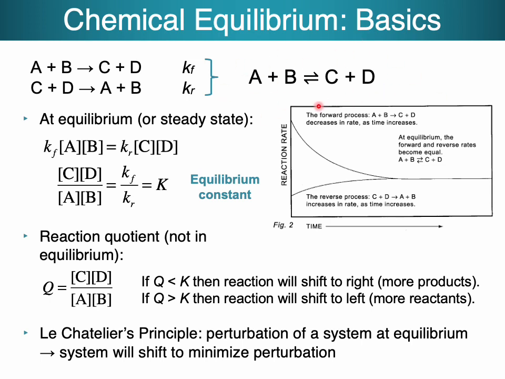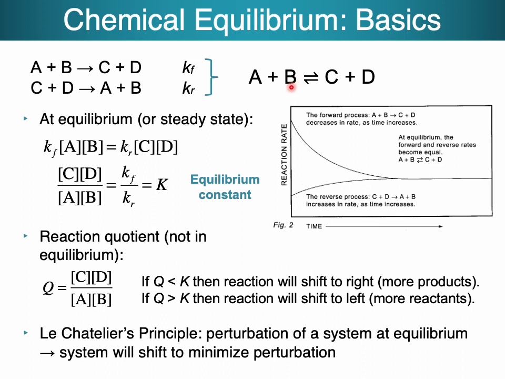Now, beginning with an equilibrium situation, if you suddenly increase the temperature of the system, adding more heat, the system would like to respond in a way to minimize the additional heat. So the reaction would indeed shift to the right, because by shifting to the right, more endothermic reaction, A and B becoming C and D, would happen, and the endothermic reaction would then absorb the additional heat that you supply to the system.